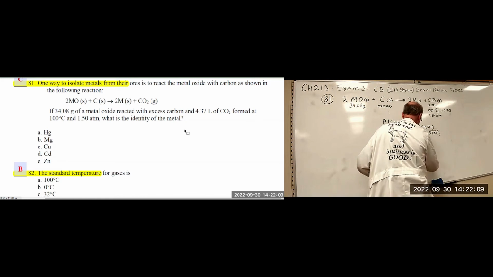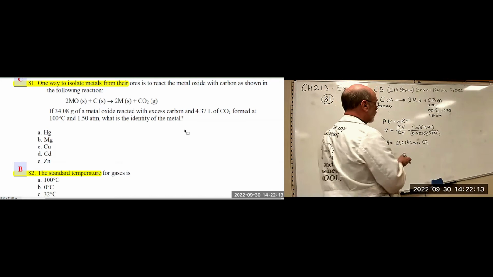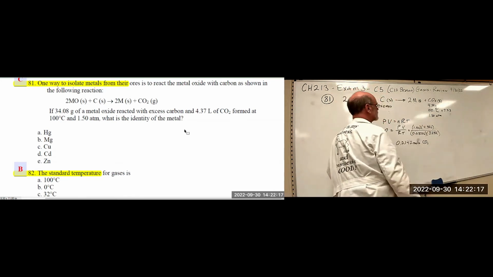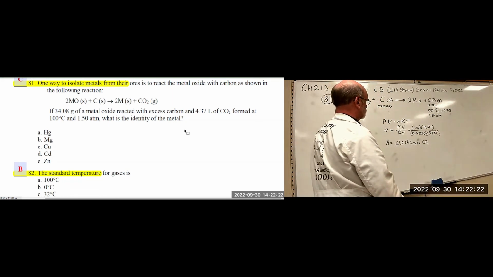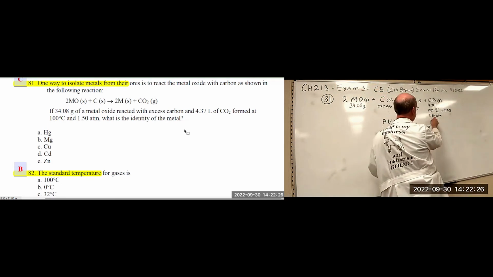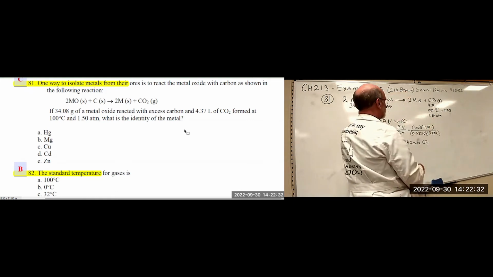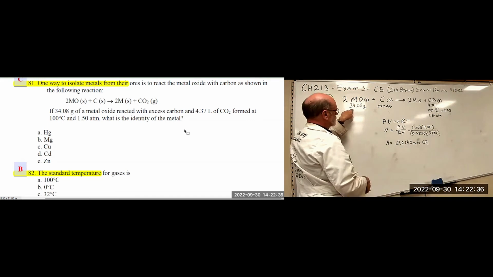Moles of CO2. Okay. Now, we could convert that to moles of this, but we don't know what that mass is yet. We could find out this many moles would be that much mass, but we don't know this either. So why don't we find out how many moles this is?